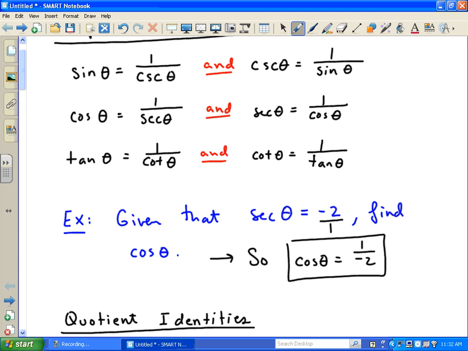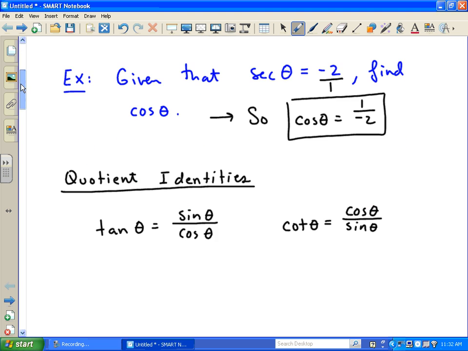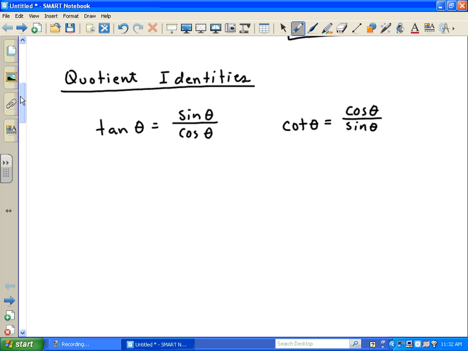Now, let me go on to look at one other set of identities. These are called the quotient identities. This gives an identity for tangent and for cotangent. It turns out that tangent is equal to the ratio of sine over cosine.